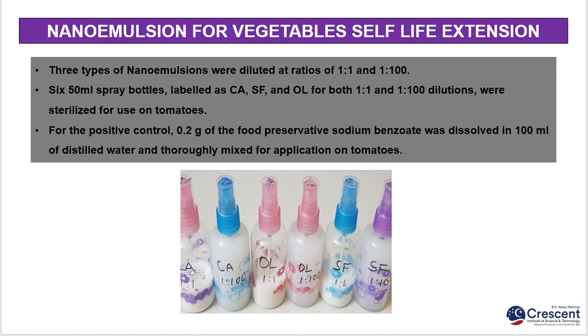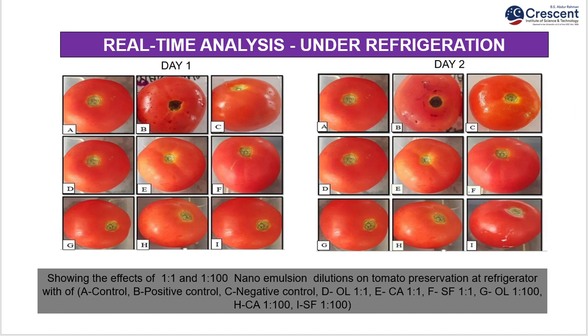So we made different nano emulsions, and different dilutions, for example 1 to 1 or 1 to 100 dilutions. And then we used that with the tomato, for example. Mostly we have done different in vitro assays, but I'm directly coming to the real time study we did under room temperature and also refrigeration.